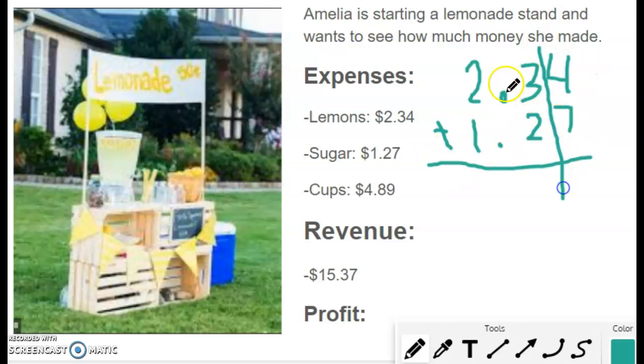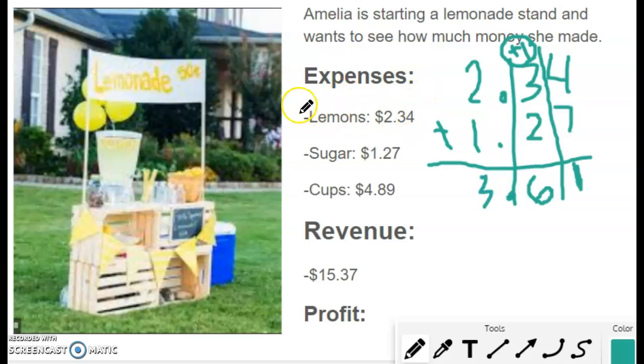I can separate it by place value. 4 plus 7 is 11. So remember, when we do that, we have to regroup. So I'm going to put the 1 from 11 here, and then the 10 up here. So I regrouped. So I still have 11, but I've separated them by place value. So 3 plus 2 is 5, plus 1 is 6. 2 plus 1 is 3.